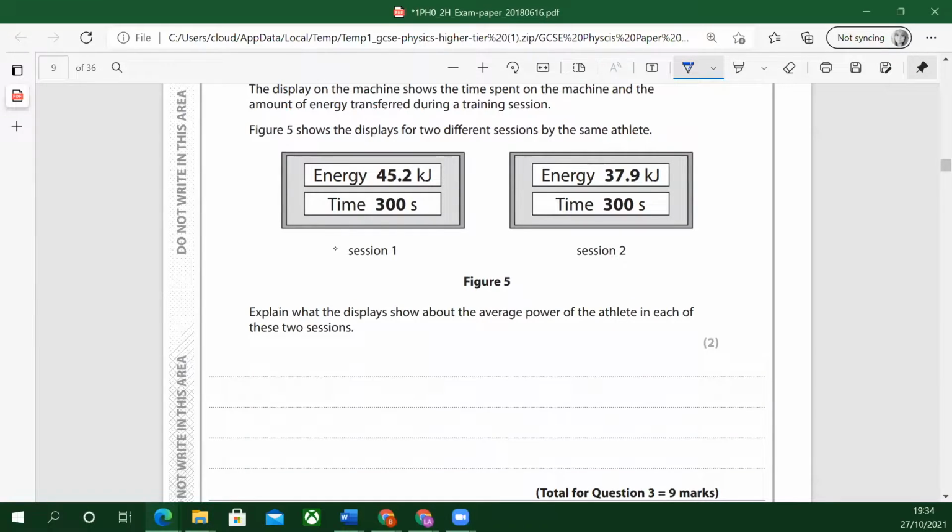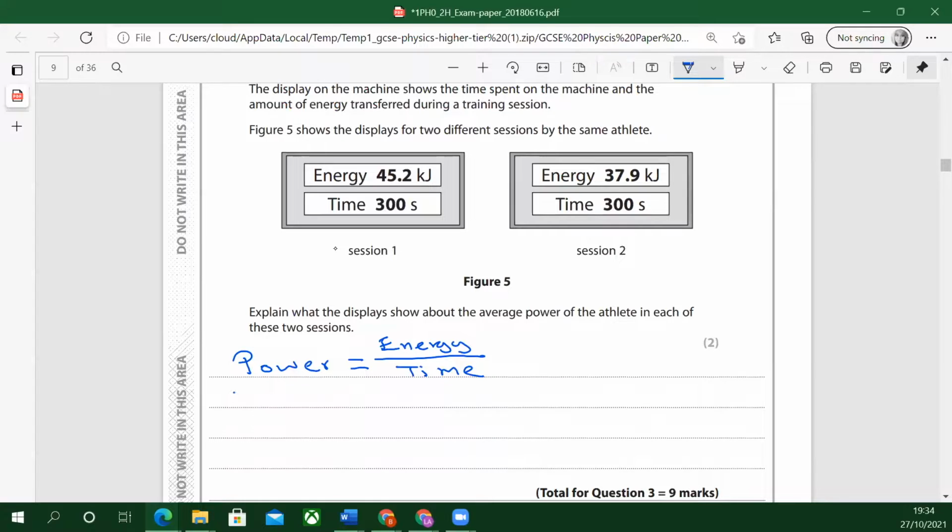Okay, so we need to know what power is first of all. So power equals energy transferred over time. Energy over time.